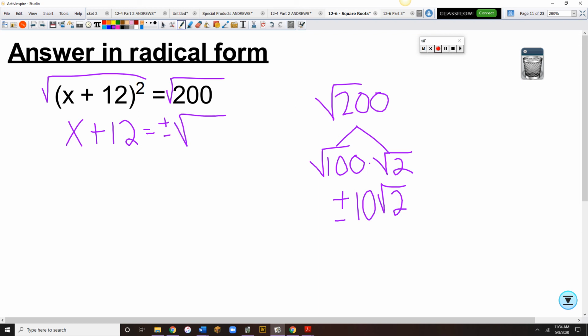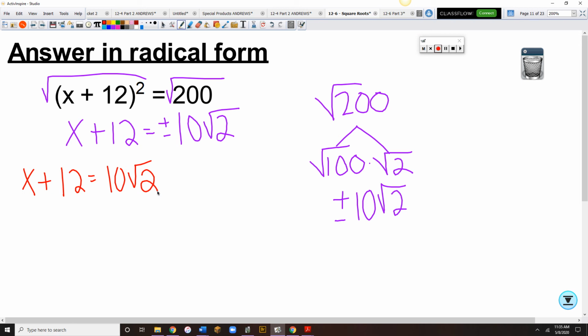Whoops, ahead of myself. Okay, now I'm going to set up the two equations. X plus 12 equals the positive 10 root 2. Okay, I'll do all of that one first.